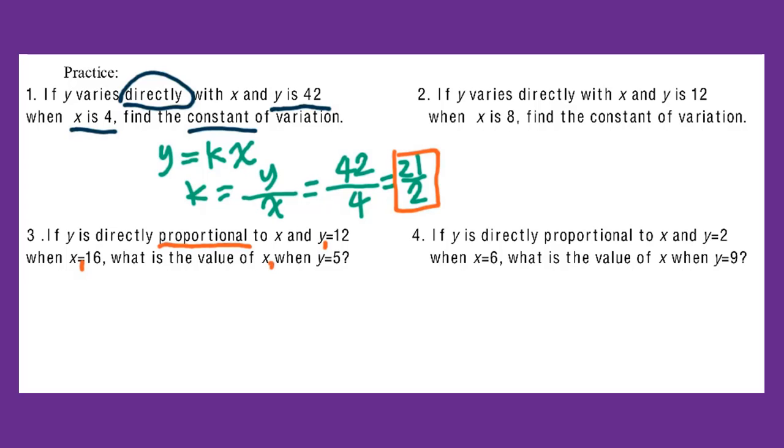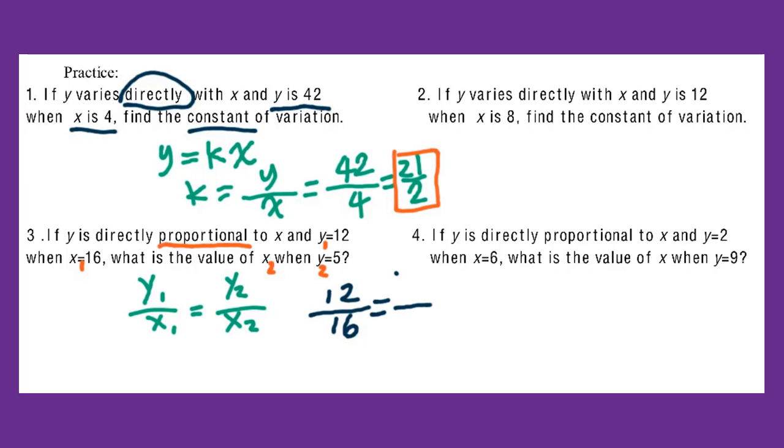Then we're looking for x2 when y2 equals 5. Since this is a direct variation, it is proportional. Therefore, y1 over x1 equals y2 over x2. Then I plug in. You will get 12 over 16 equals 5 over x2.